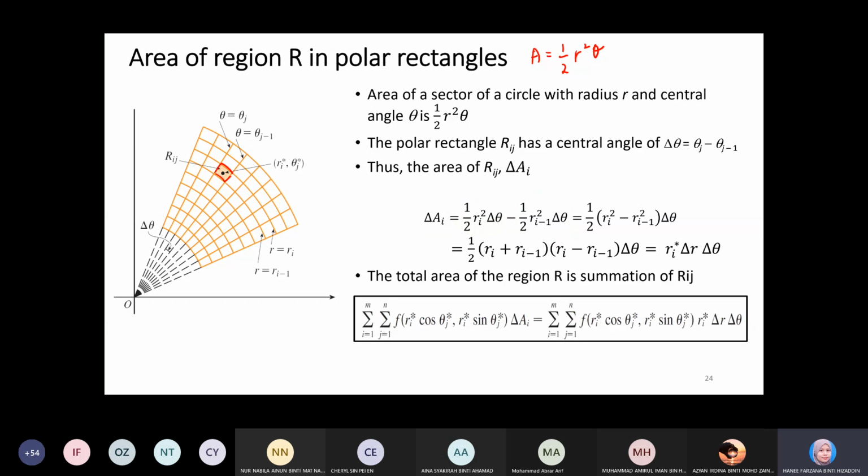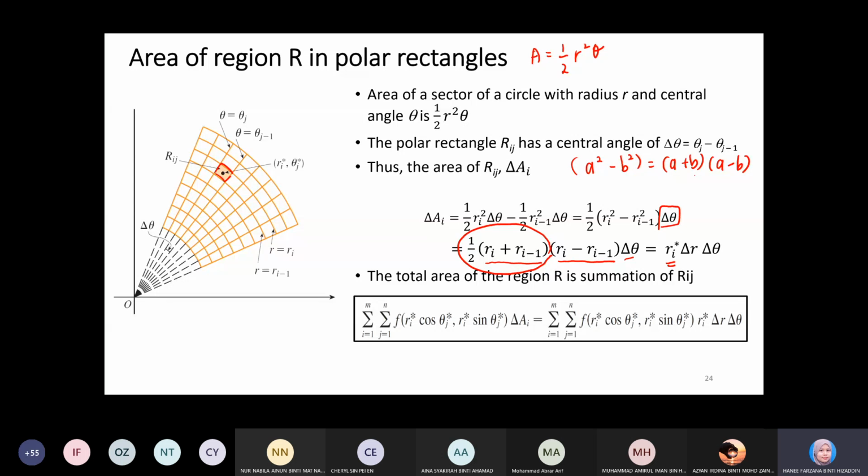When you factorize delta theta out, you get Ri squared minus Ri minus 1 squared. This can be factorized because A squared minus B squared equals A plus B times A minus B. So you have Ri plus Ri minus 1 and Ri minus Ri minus 1, and bring the delta theta down.